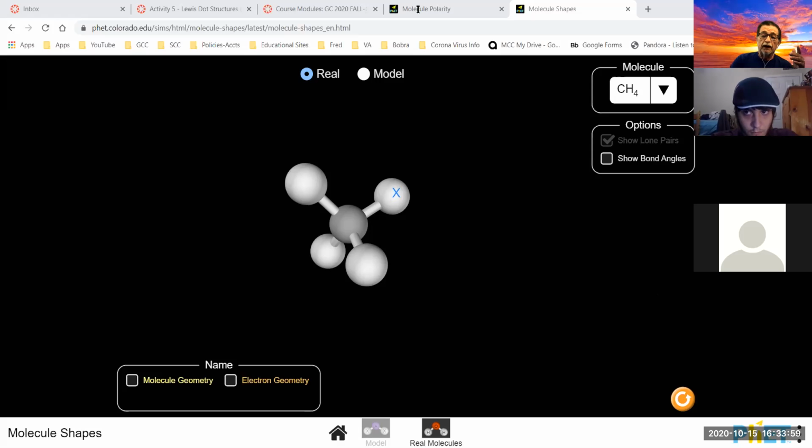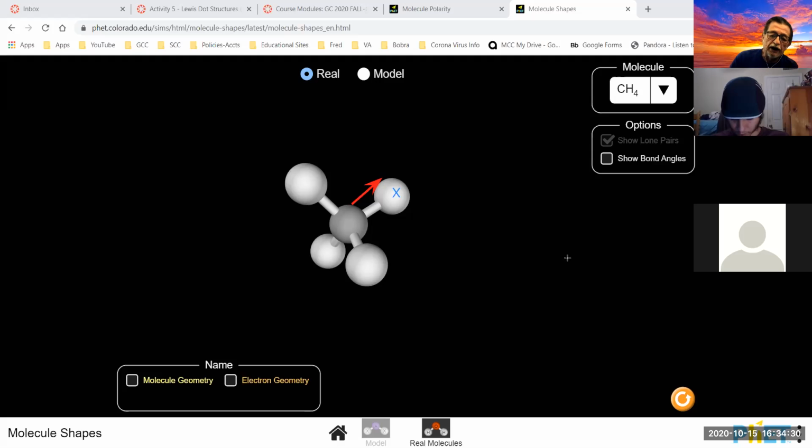The fact that we've got one polar bond going in that direction, and there's no polar bond between the carbon and the hydrogen, so we've got three zeros, yet we've got one bond that still has a net polarity.